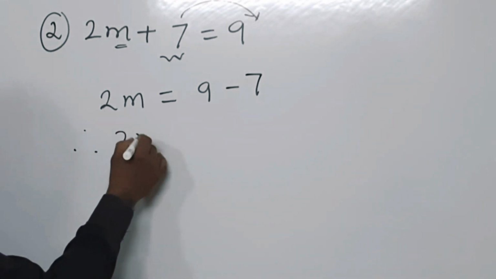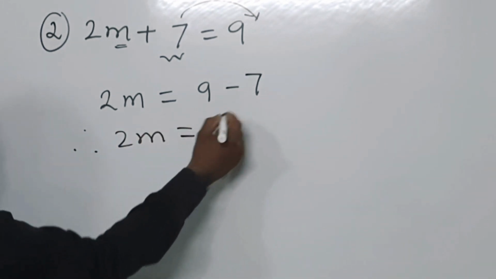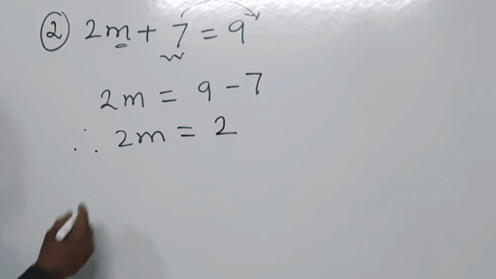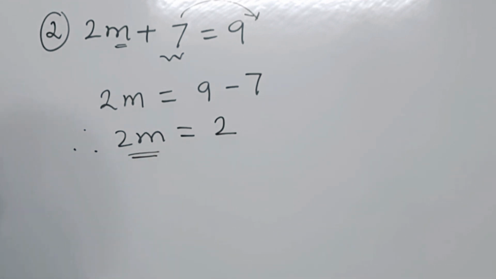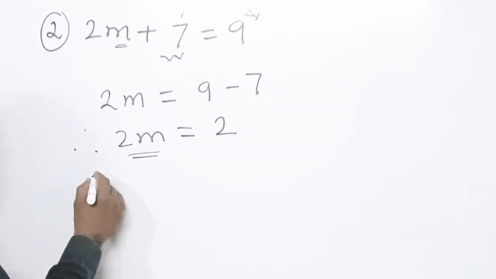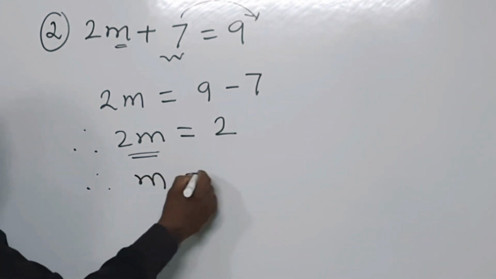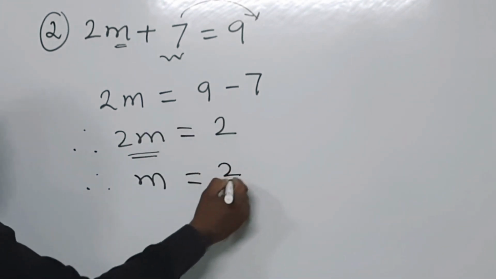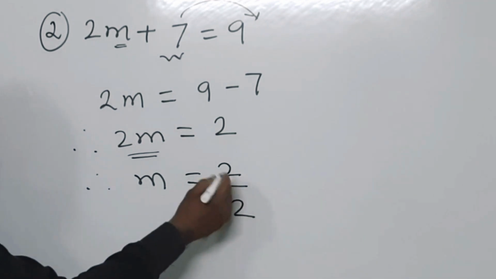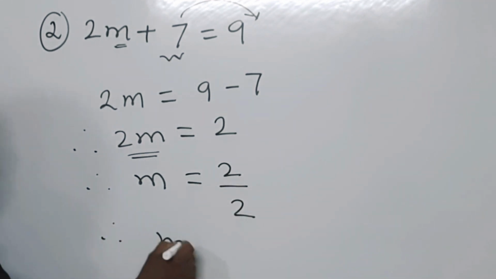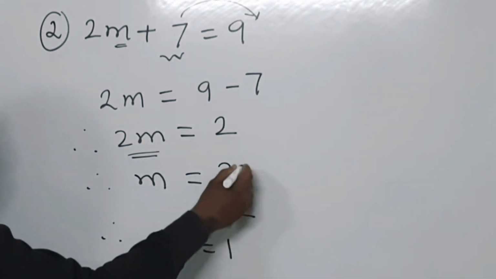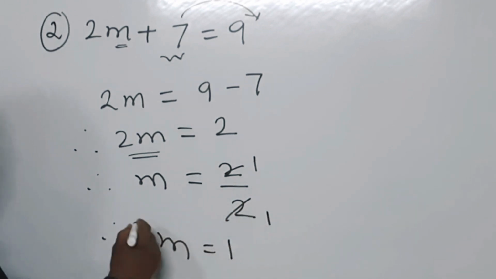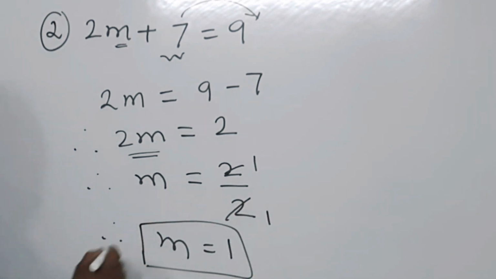Therefore 2m is equal to 2. Now there is multiplication, 2 into m, so 2 will go on the right hand side and divide. Therefore m is equal to 2 ones are 2, so m is equal to 1.